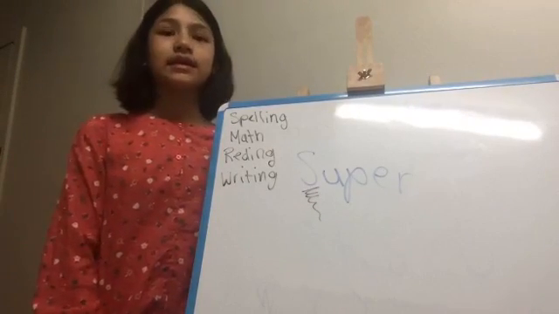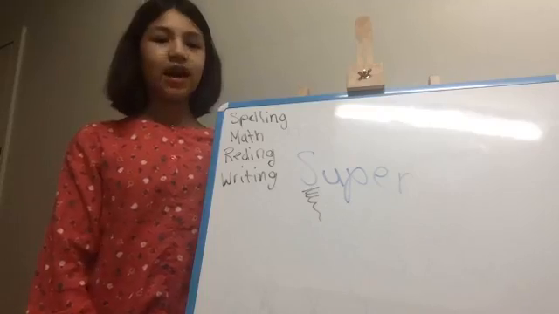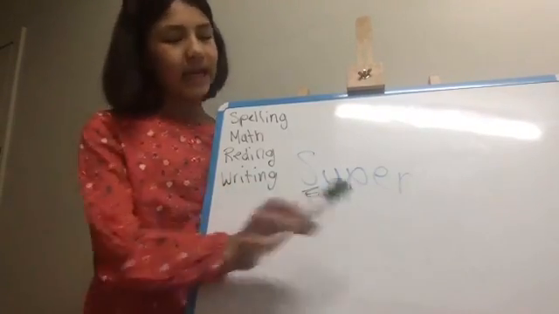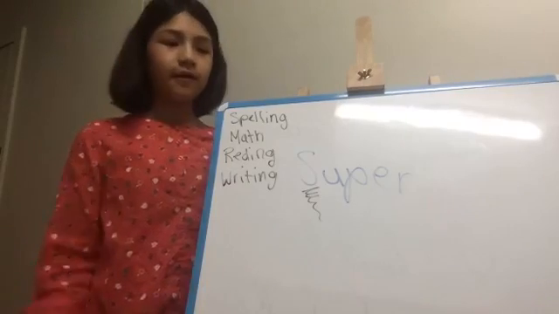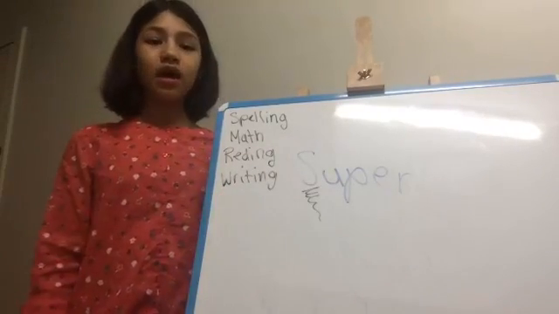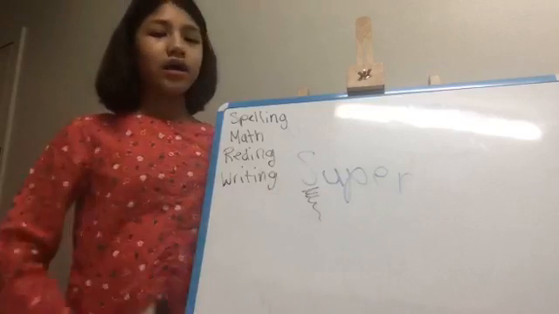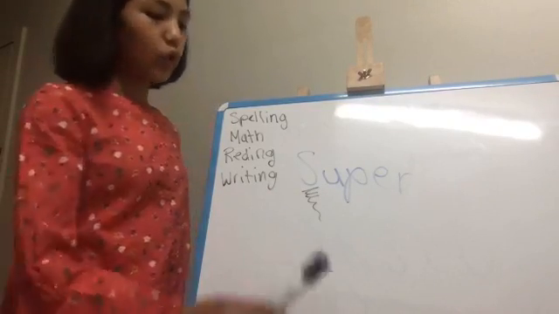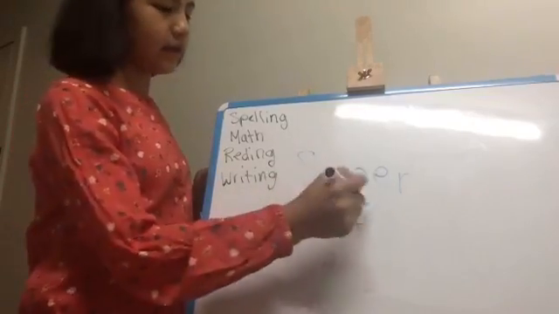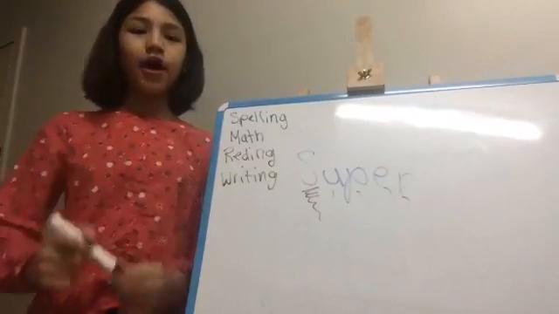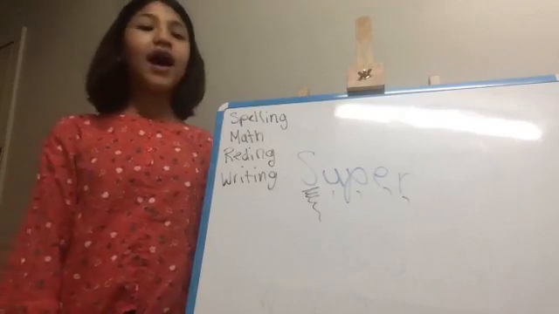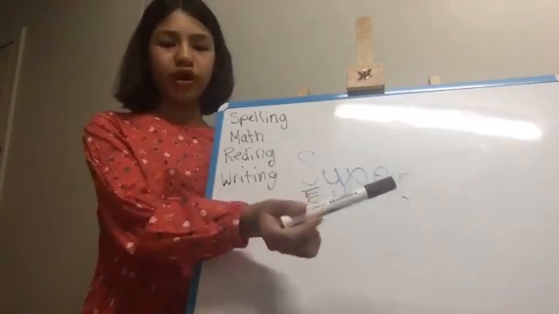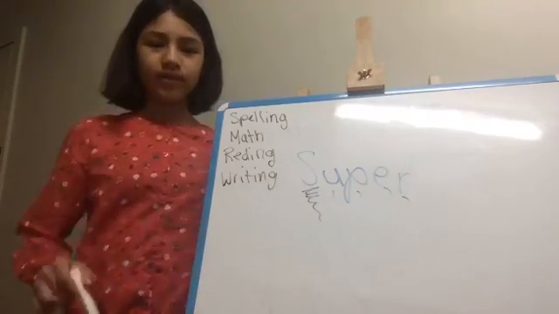S is pronounced S. U is pronounced U. P is pronounced P. E is pronounced E, and R is pronounced R. And all together they make super. Try it with me again. Super.